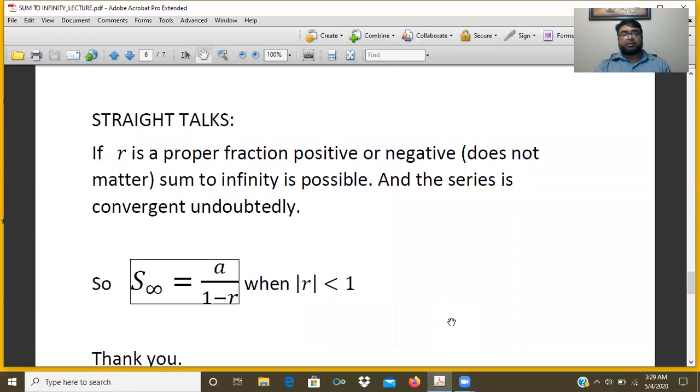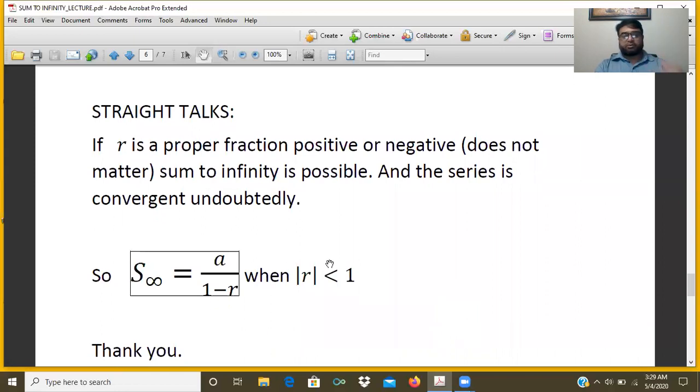So straight away we can say, it is a straight talk, that if r is a proper fraction, positive or negative does not matter, simply remember proper fraction. What is a proper fraction? You remember proper and improper. Proper means the numerator is always smaller than the denominator, like 1 by 2, 2 by 3, 4 by 5, 4 by 7, many examples.